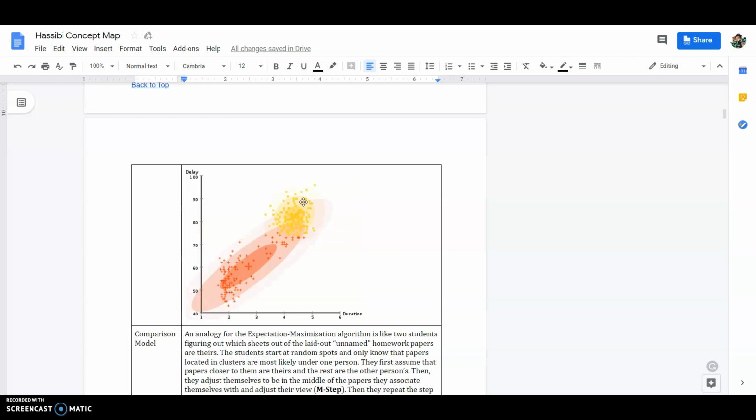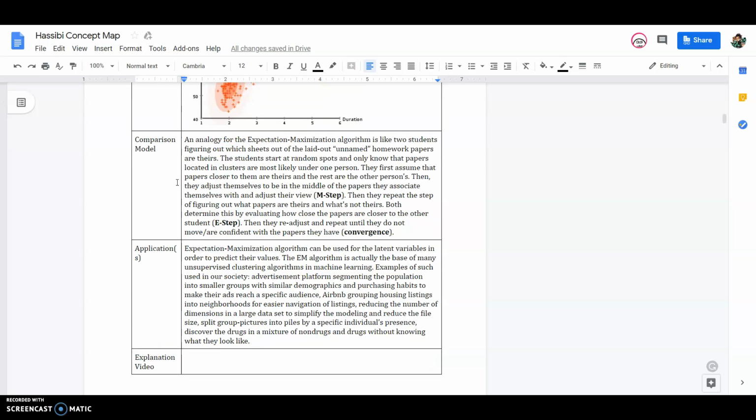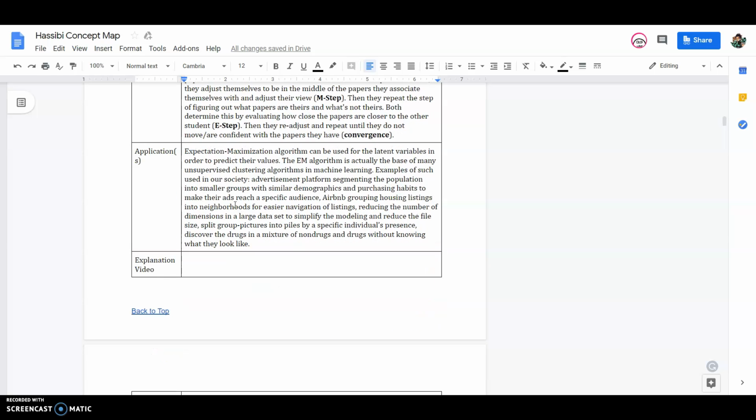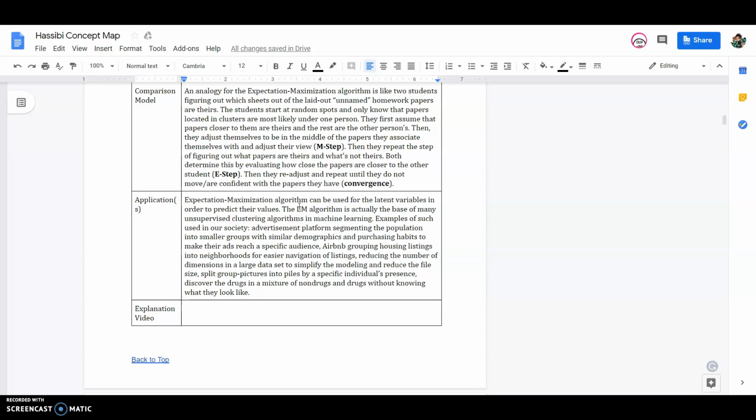It's probably the yellow Gaussian. Therefore, it shifts over and centralizes towards this area, while this one expands its standard deviation to accommodate for these ones.